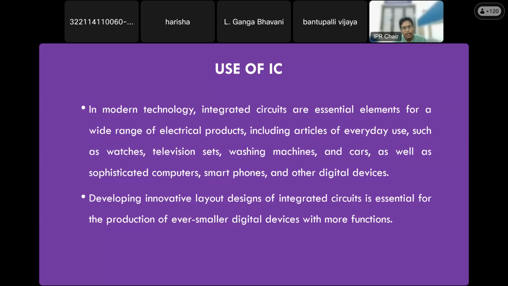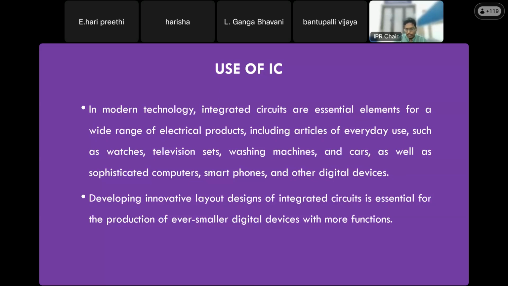Everywhere you can find ICs. Developing innovative layout designs of integrated circuits is essential for the production of ever smaller digital devices with more functions. If the device is very small and you want to control it, ICs come into the picture. So we need to protect the layout design of integrated circuits.